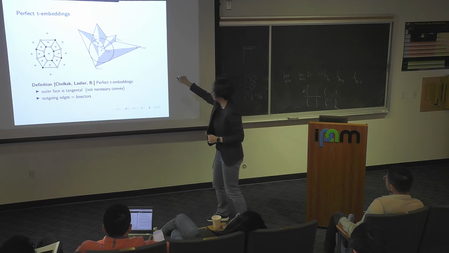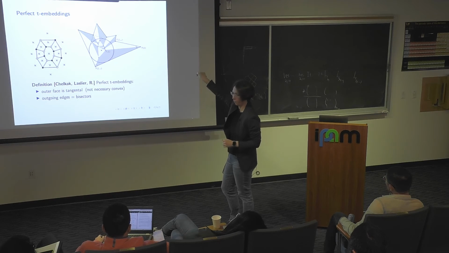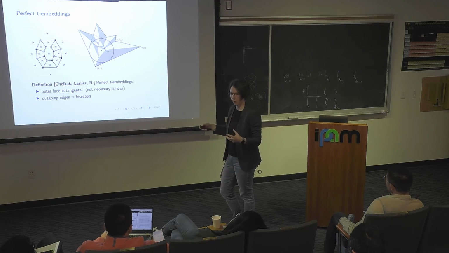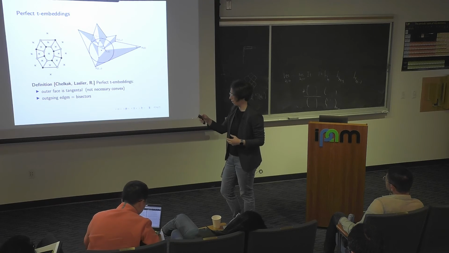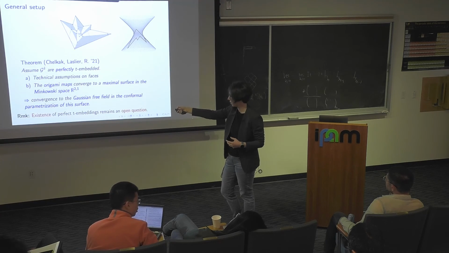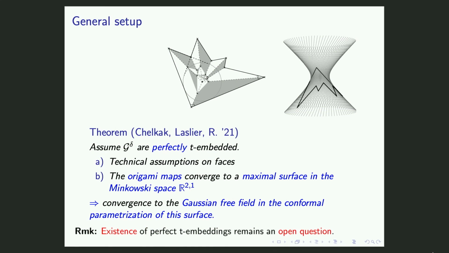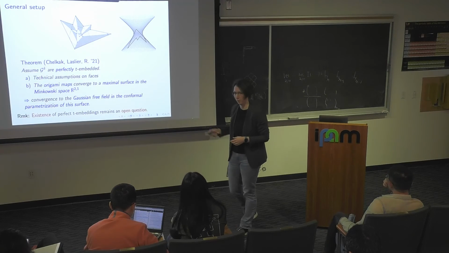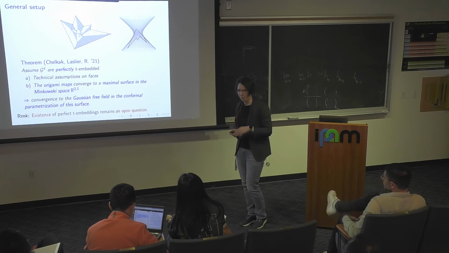So at least on the boundary, the origami map is real. It's not true on a discrete level for the inside, but part of the assumption here is that the origami map is real in the limit. So now I have this one-dimensional origami, and I take a graph of this origami map, and I want this graph to converge to the maximal surface in the Minkowski space.